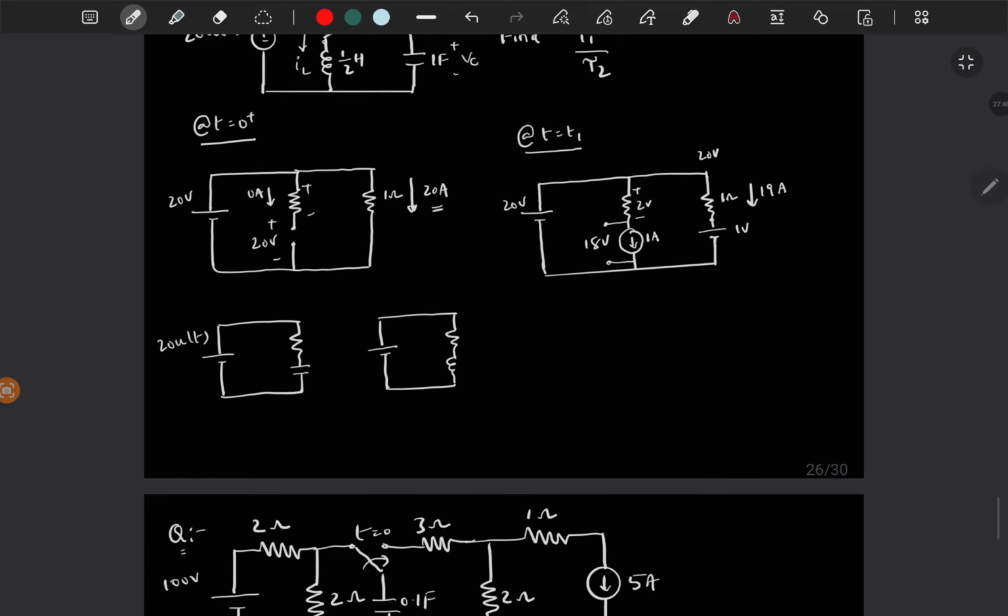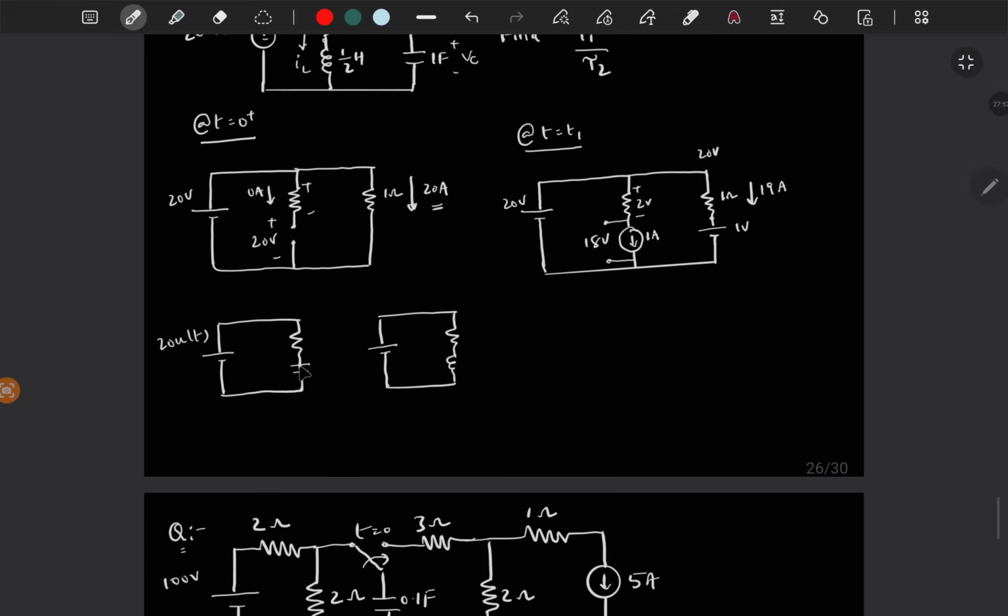So if you look at here, at t is equal to 0 plus, this will be short circuited and you will get 20 amps of current, which is same as in our case also, you are getting 20 amps of current. And since 20 amps of current is flowing through the capacitor, let's say after some time it is charged to 1 volt, and if it is charged to 1 volt, how much current you will get? 19 amps. So depending on this charging current only, the voltage will be built up across the capacitor. So that is how we are also getting in the circuit also.